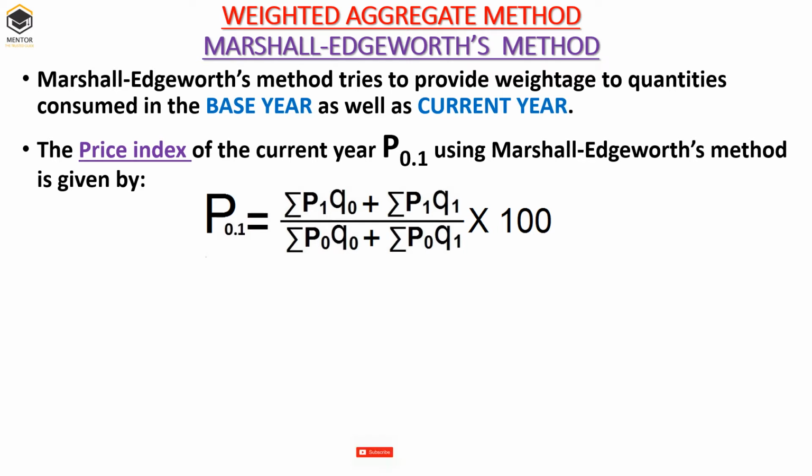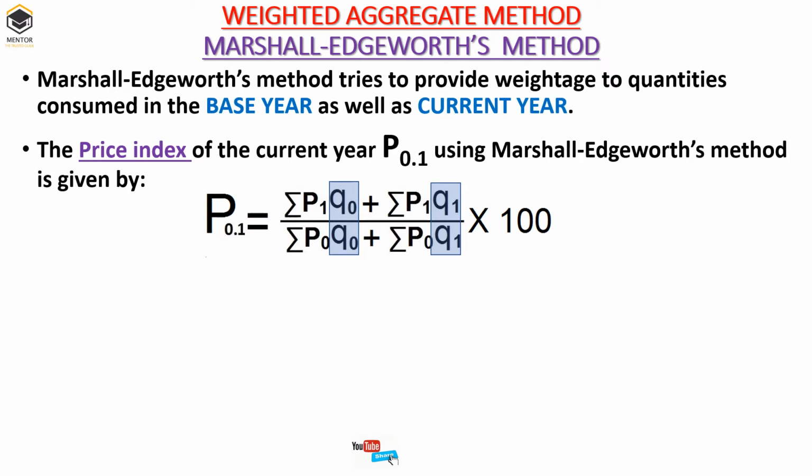So here P1 and P0 are multiplied with the base year quantity, and next they are multiplied with the current year quantity. So the author has given the weight to both the years, base year as well as current year. As this is the price index, the weight is given to the quantity.